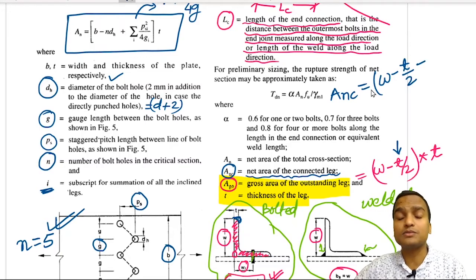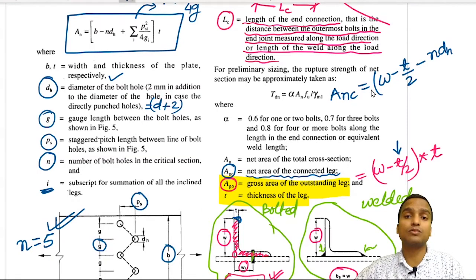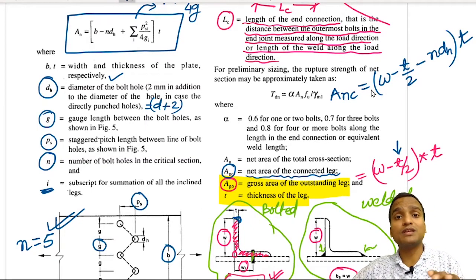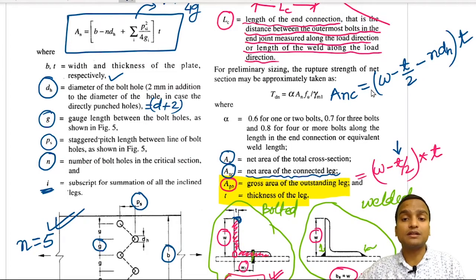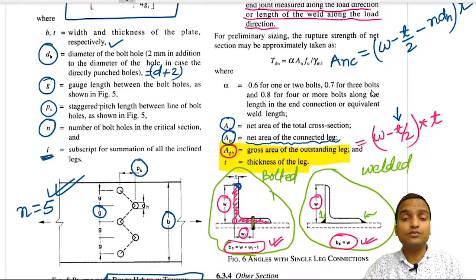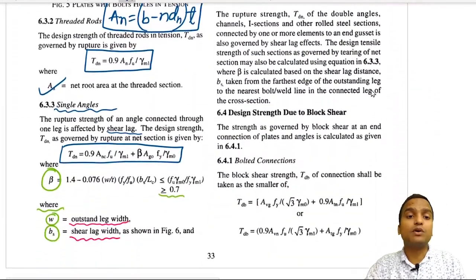I will also subtract the number of diameter holes, NDH, and then multiply with the thickness of the plate. So this is how ANC is calculated. And the net area of the total cross section will be the sum of the net area of the connected leg and the gross area of the outstanding leg. So all these values will be used in this formula.